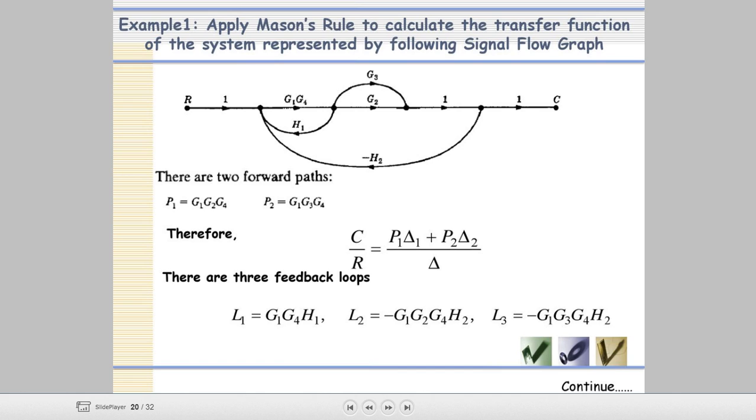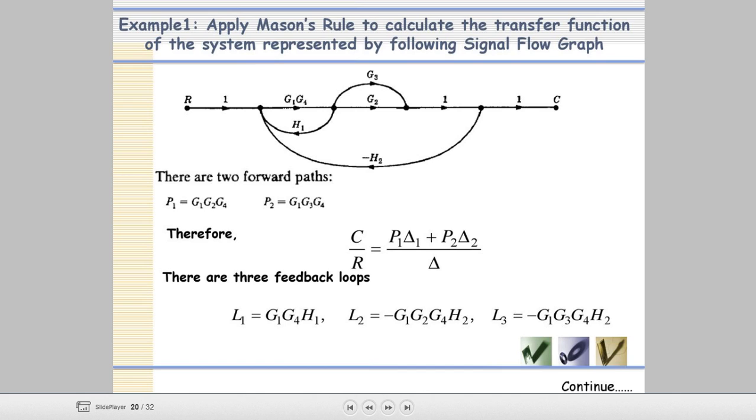So the next point is we have to calculate the feedback loops. How many loops? Observe this. This is one loop, the loop L1. What will be its gain? G4 and H1. Then L2, this big loop: G1, G4, G2, 1 into minus H2.